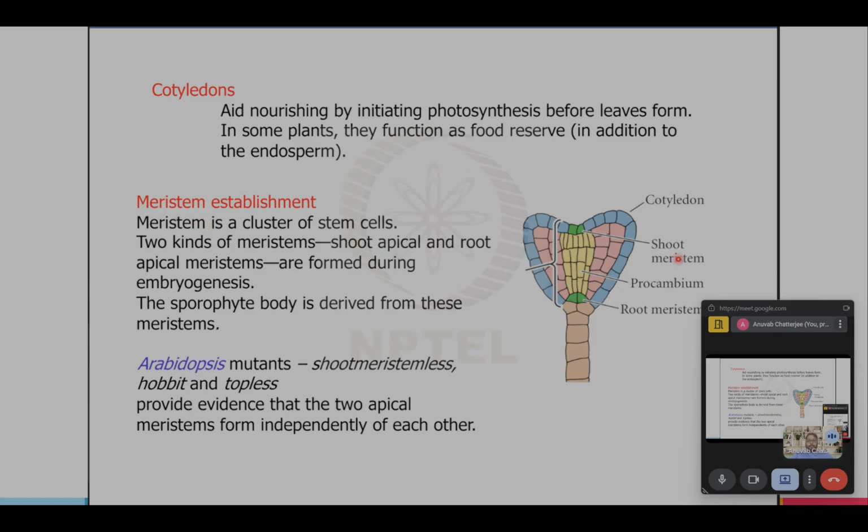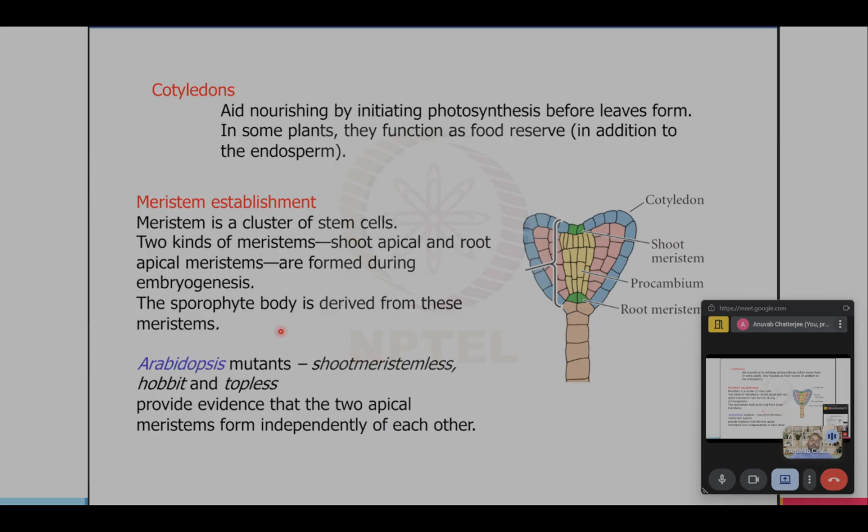The meristems, which are the shoot and the root meristems, are a cluster of stem cells, and the entire plant body, the sporophyte body, will be formed from this meristem. People have been looking at different mutants of all of these to figure out what exactly their function is. A lot of study has been devoted to Arabidopsis, and using different mutants they have figured out that the shoot and the root meristems actually develop independently.